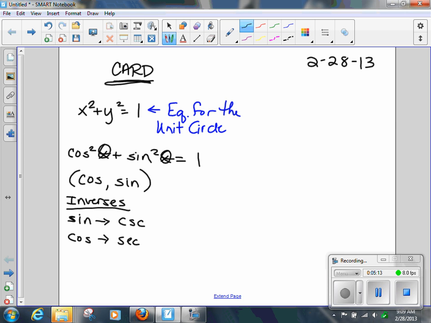And then tangent. You need to know those inverses. I'm going to allow you to put it on the card. I've never allowed anybody to put that on the card, but for now, that's okay. All of that stuff goes on the card. Take a moment and get that on there neat.